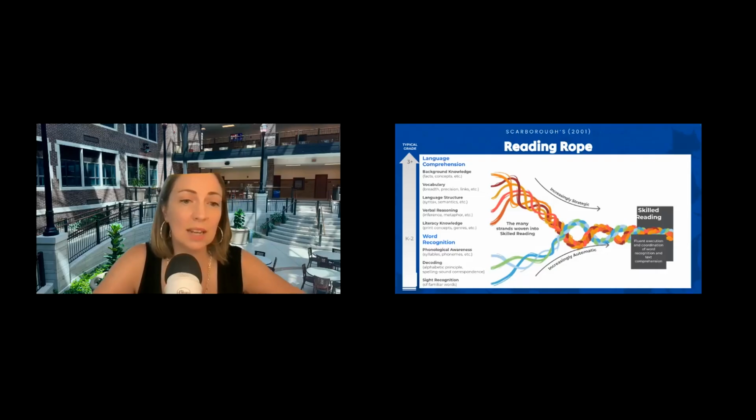They're not going to get what they need in tier 1 instruction. However, there are things that you can do as a content area teacher that will help support those students in accessing your text, the text that you provide them. And that's really what these modules are about. It's about helping you to help your students to read that content area when they don't have the skills to do it independently.